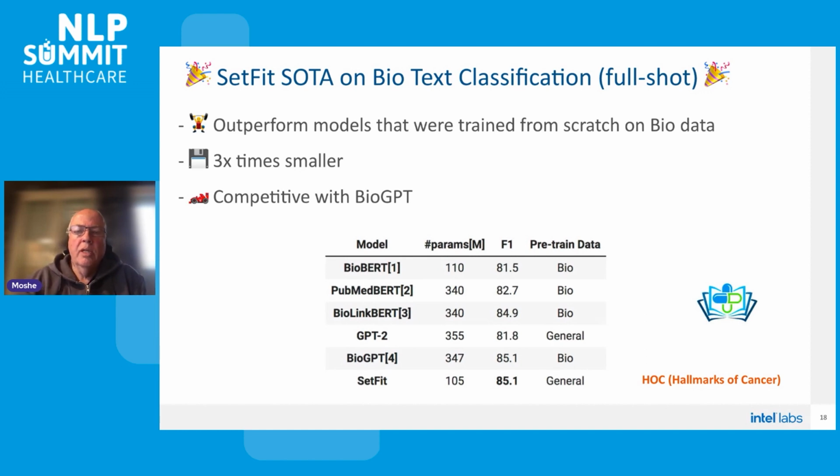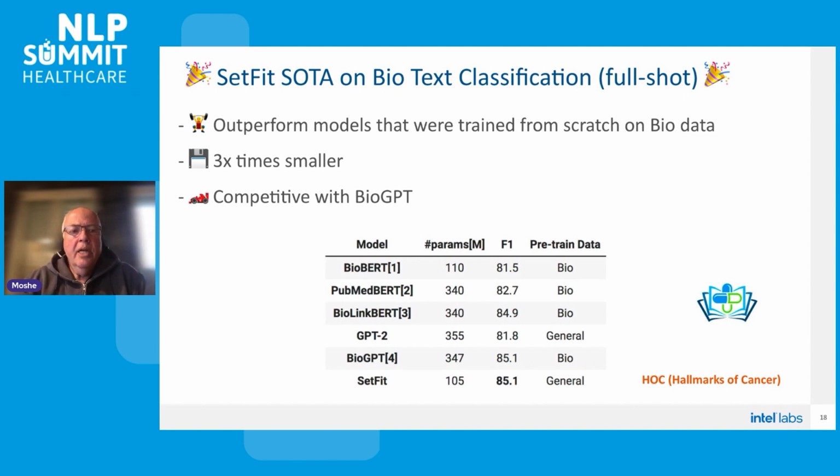And we compared the results to state-of-the-art models that were trained from scratch on bio and medical data. For example, models like BioBERT, PubMedBERT, and also BioGPT, which is considered to be state-of-the-art for this specific task of multi-label classification. It's also considered to be state-of-the-art for Q&A in the medical domain.